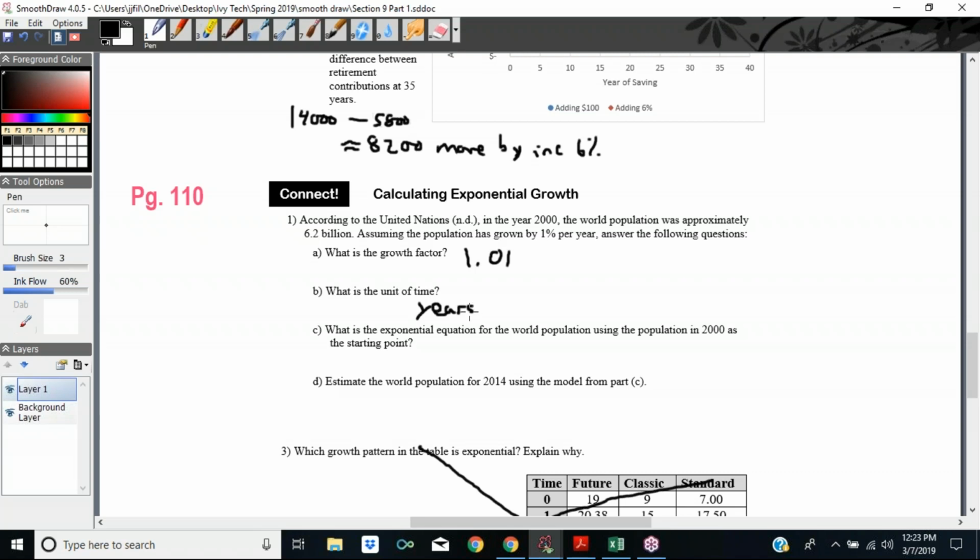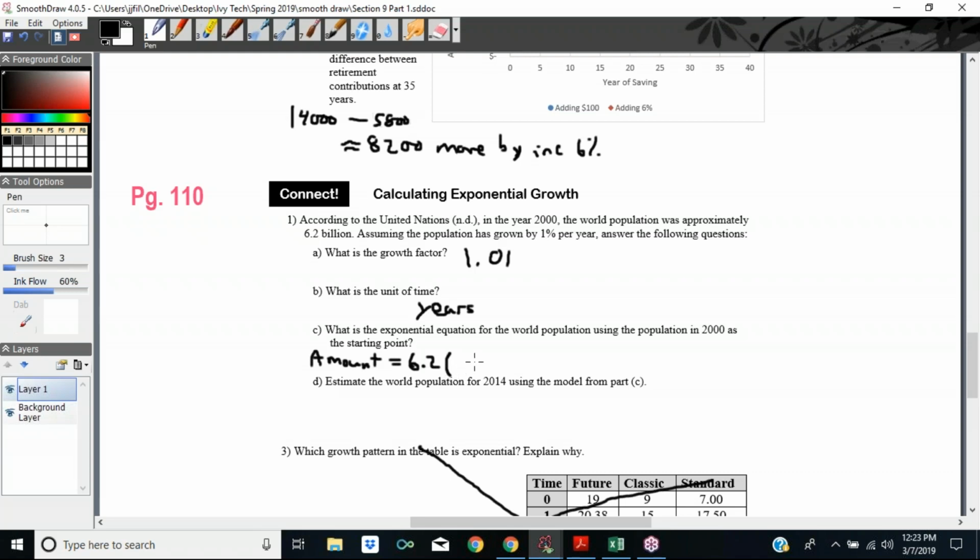Then it says, what is the exponential equation for the world population using the population in 2000 as a starting point? We'd say the amount, or we could put a y there, is the starting amount, 6.2. I'm not going to put the billion in; we'll just know at the end our answer is going to be in billions.